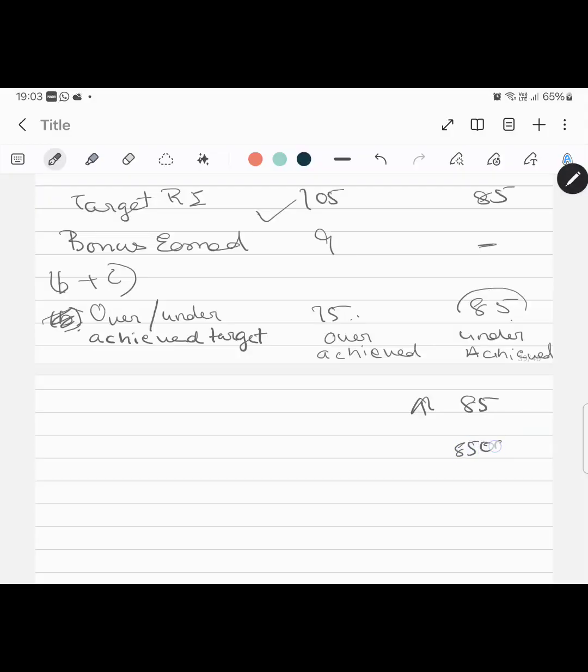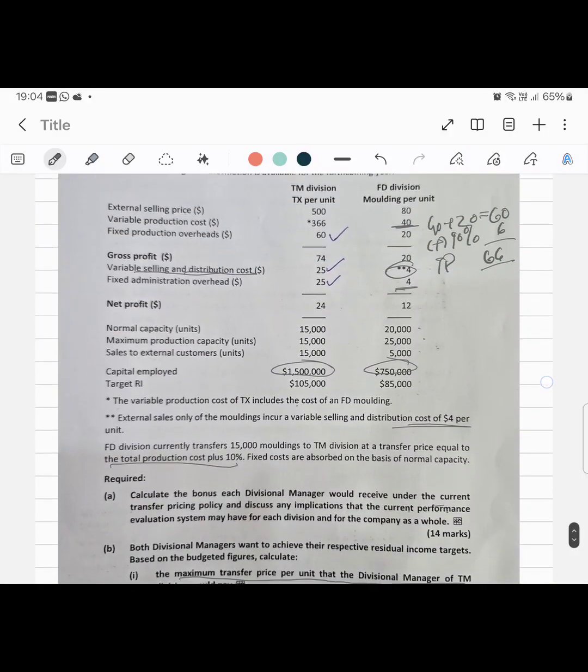So what will be the per unit income which FD will have to generate? 85,000 divided by 15,000, that is 5.67. So 5.67 is the additional revenue that FD should have included in its transfer price, so that it could meet its target residual income. Now, why couldn't it do that?